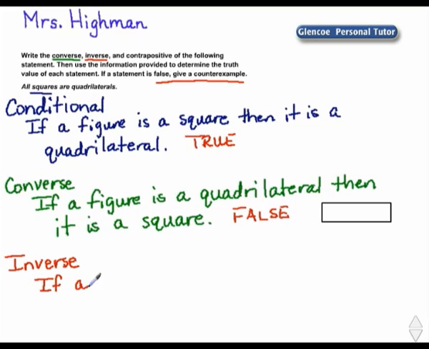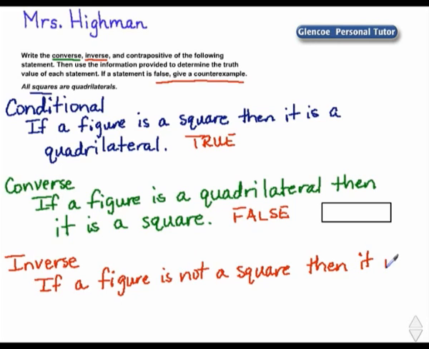If a figure is not a square, then it is not a quadrilateral.